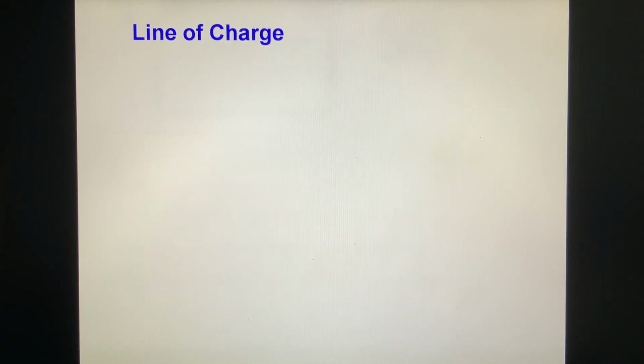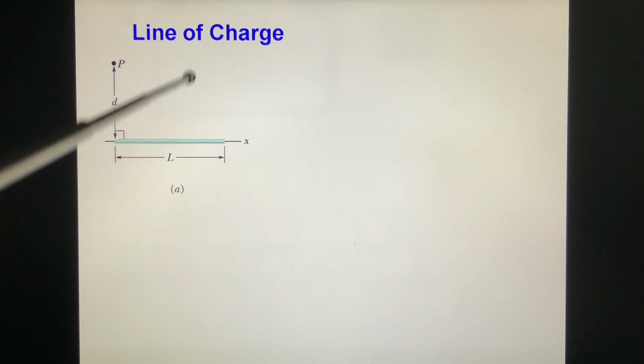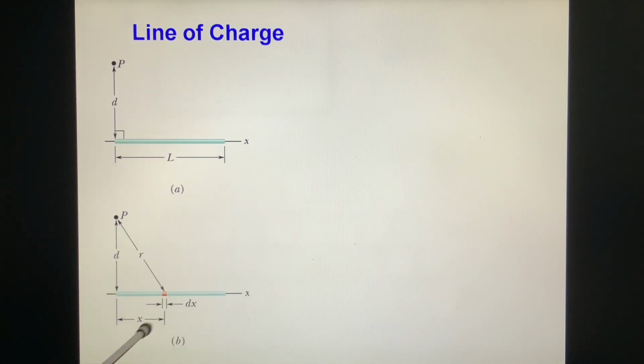Then we do the detail. Line of charge. This line is a continuous distribution of charge. So we divide this line into many dq. We take a reference x, the origin is here. This particular dq is located at x. This is the point P where I want to find the potential. This is d, the distance. I take the element located at x with dx as a representative of all sections dq.